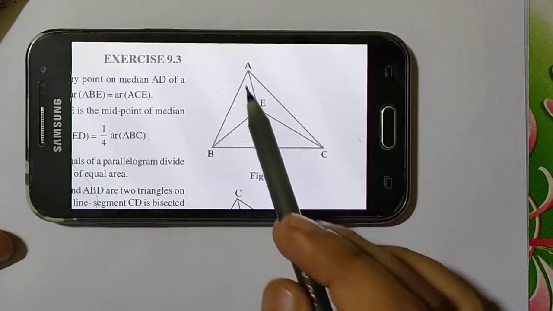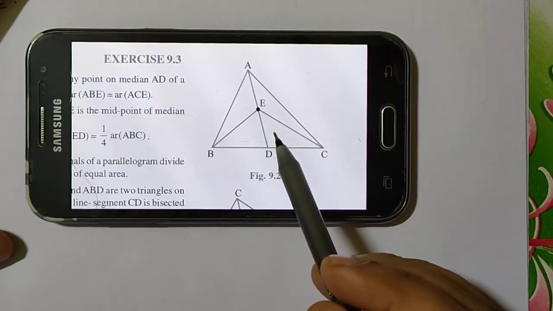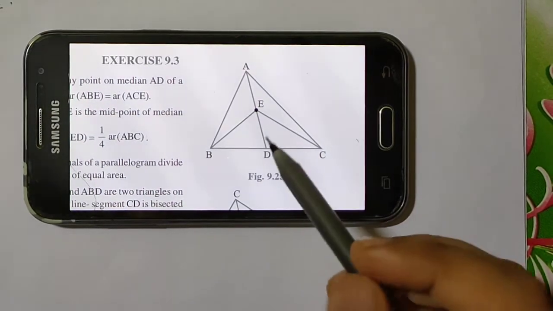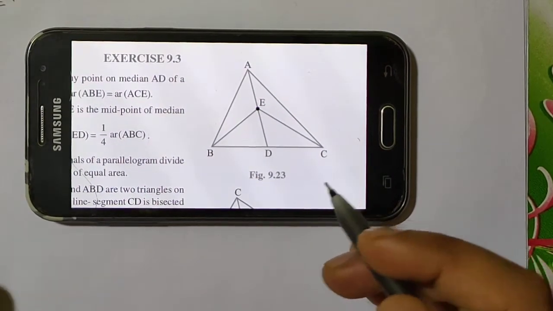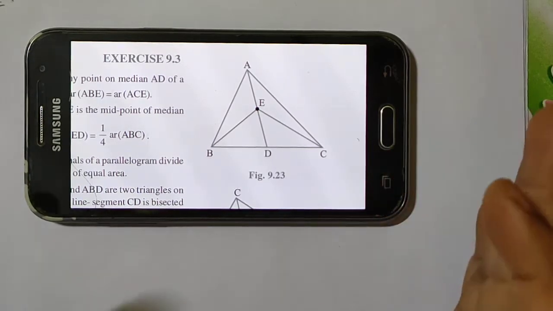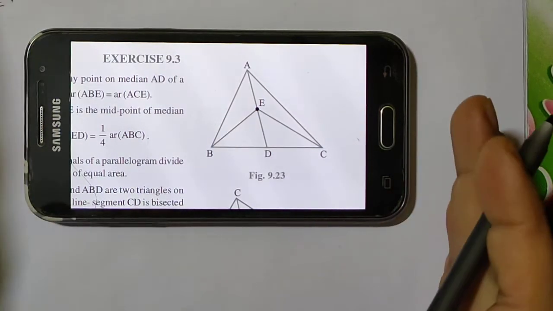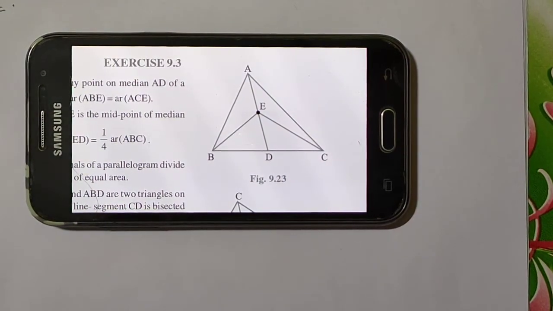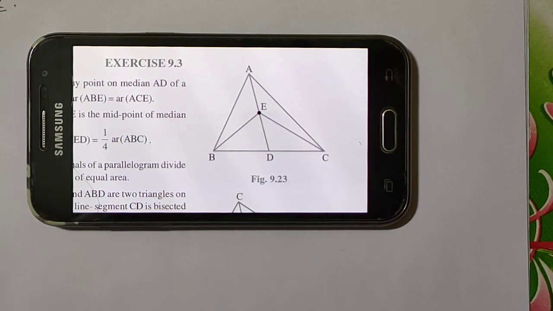The given thing is a triangle ABC in which AD is the median. We know one theorem, a result you can use to prove this question, that the median divides the triangle into two smaller triangles of equal areas.